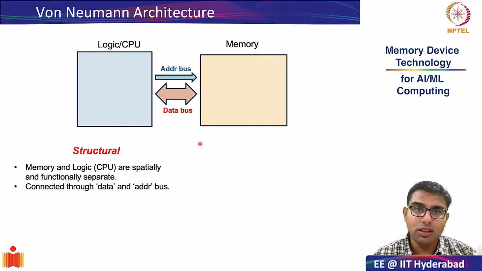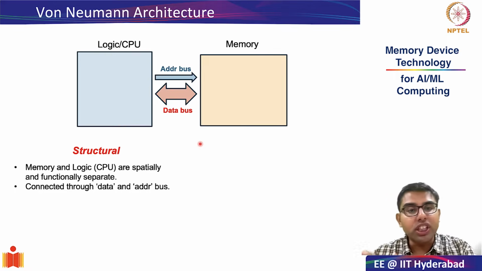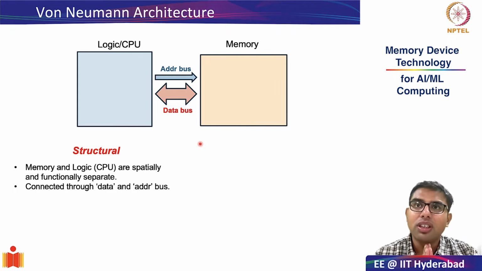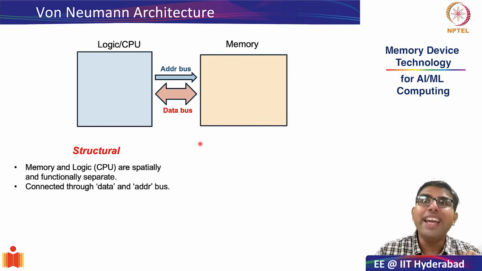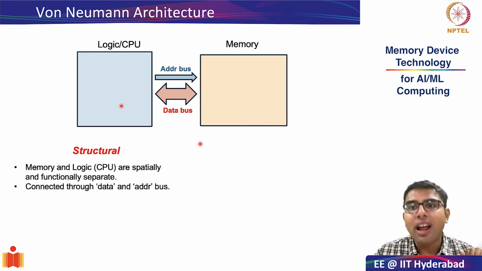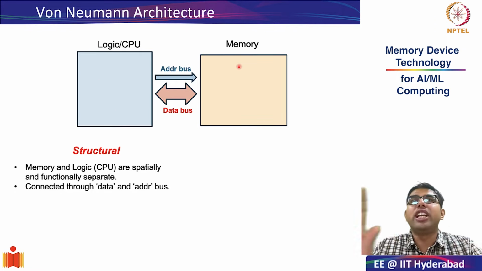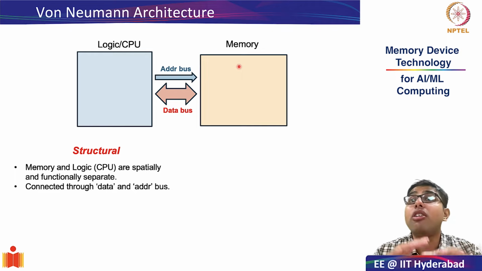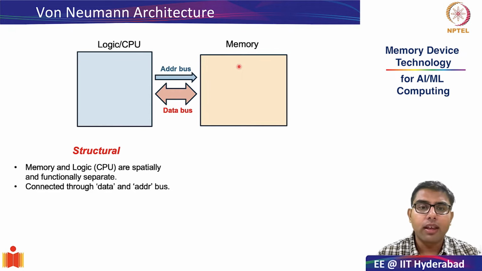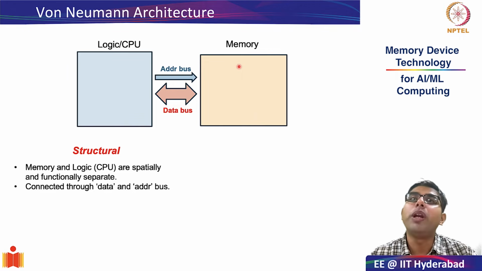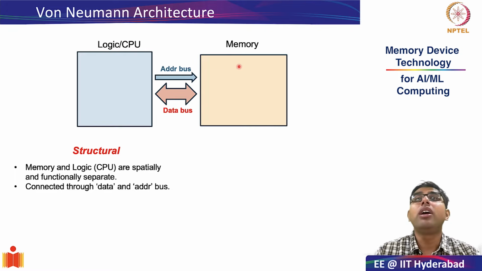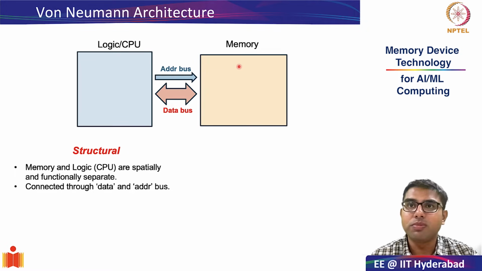Both these elements are spatially and functionally distinct. What does this mean? Spatially distinct means they are at different places in space. They are not co-located. Functionally separate simply means that they are performing entirely distinct functions that we will describe very soon.